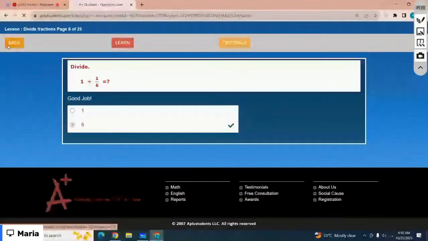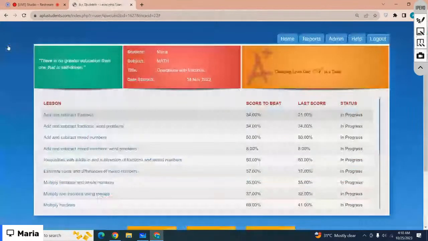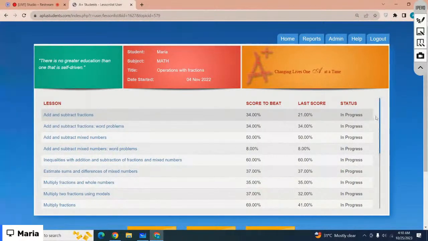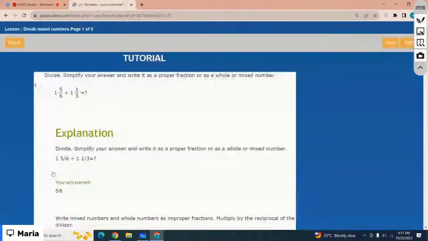The next lesson is divide mixed numbers, right? Now we already know how to divide fractions.